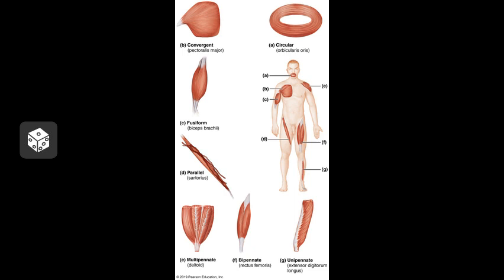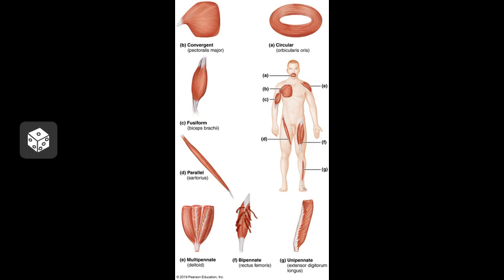And then pinnate, the root word pinna means feather. And I think that especially if you see unipinnate, you can imagine that being a bird feather. But we also have bipinnate, where the fibers are coming off of a tendon in this pattern.